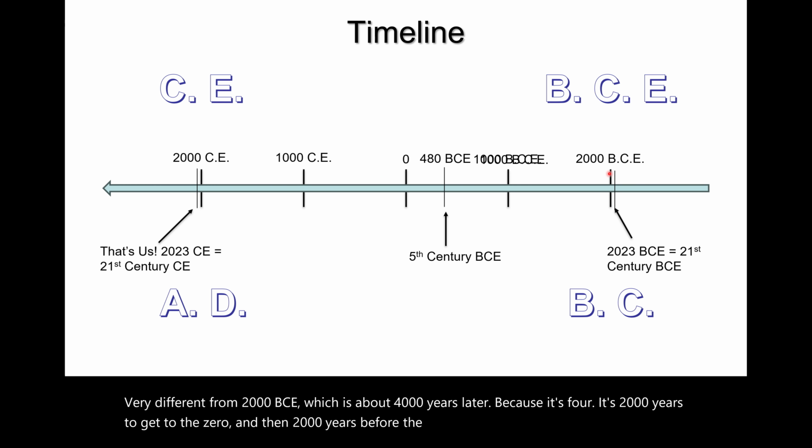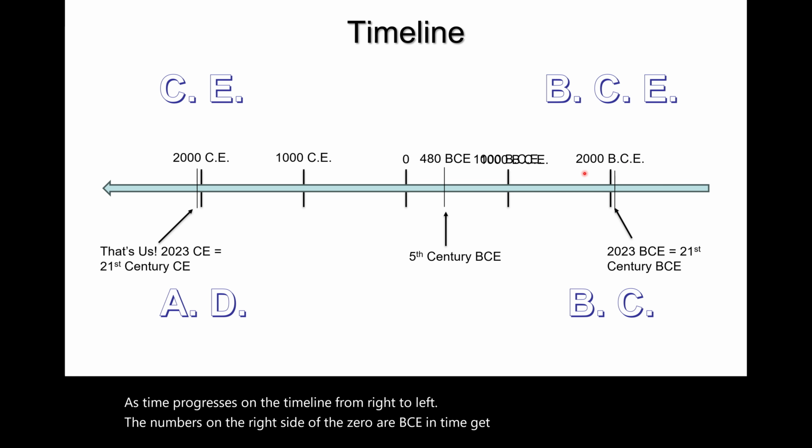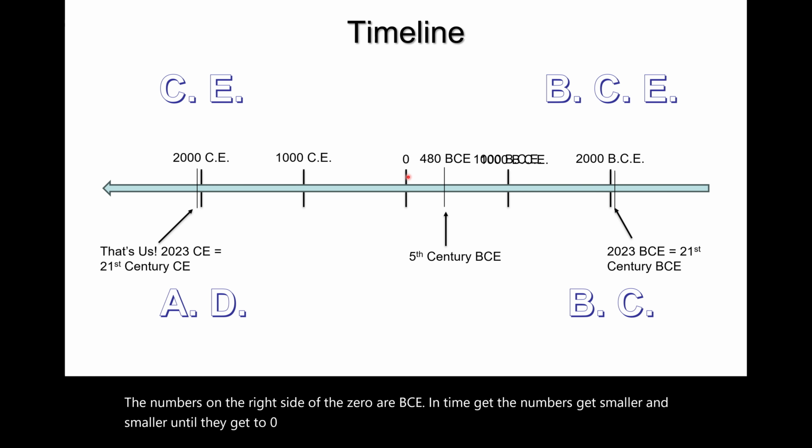So, long story short, as time progresses on the timeline from right to left, the numbers on the right side of the zero are BCE, and the numbers get smaller and smaller until they get to zero. At the 0 point, we transitioned from BCE, or BC, into CE, or AD.